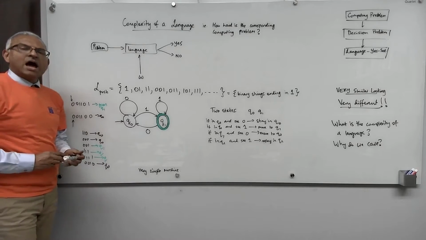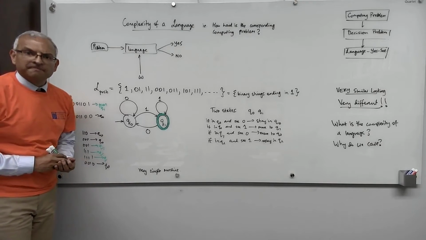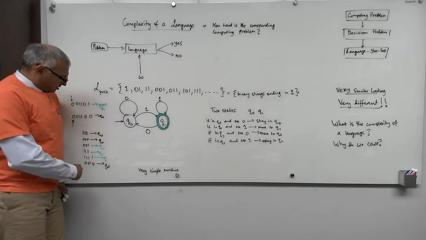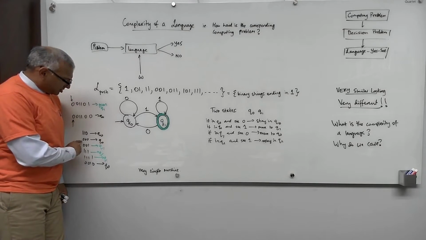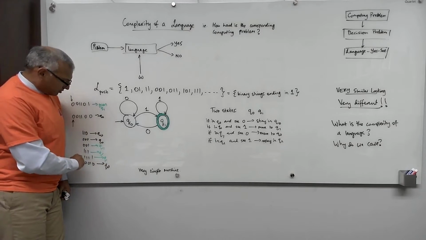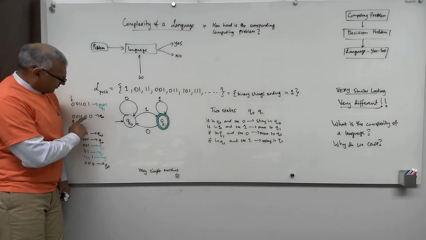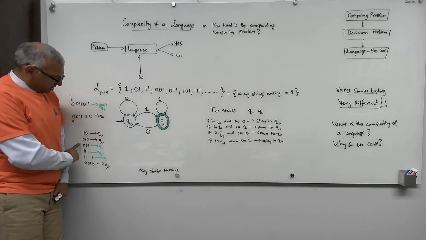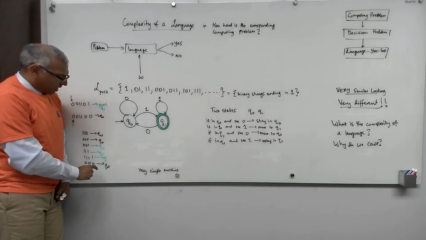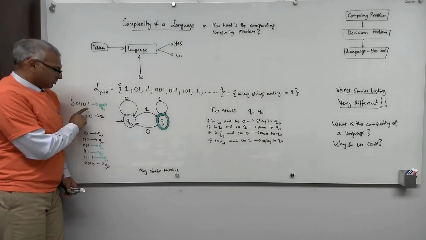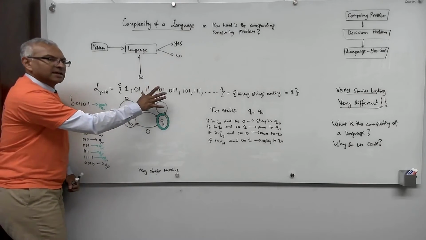Now what you will observe is a very interesting phenomenon. These strings which gave me black Q0, none of those strings, 1, 2, 3, 4, none of those strings are in L push. And the strings that all gave me green Q1, all these strings are in L push.